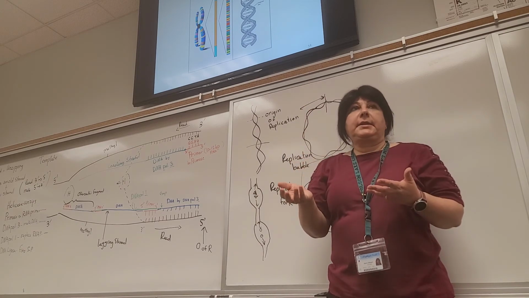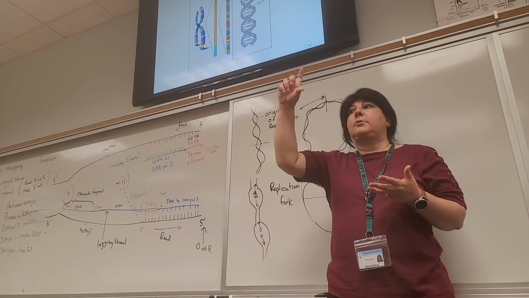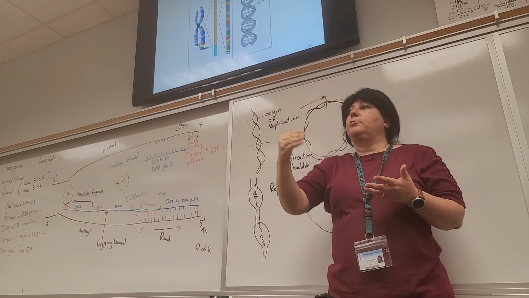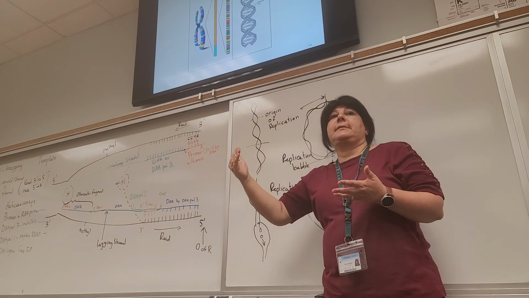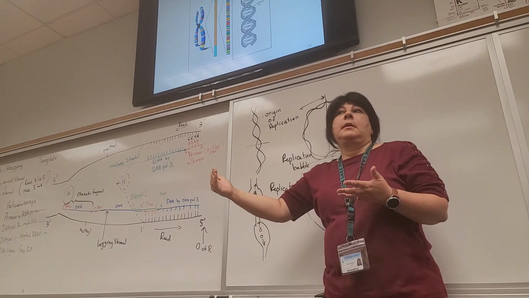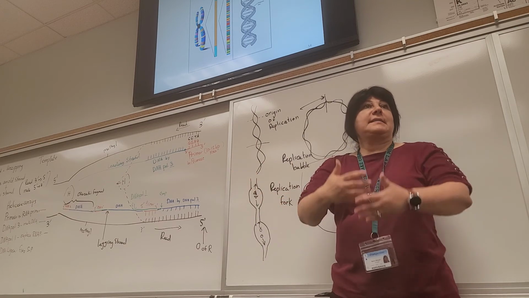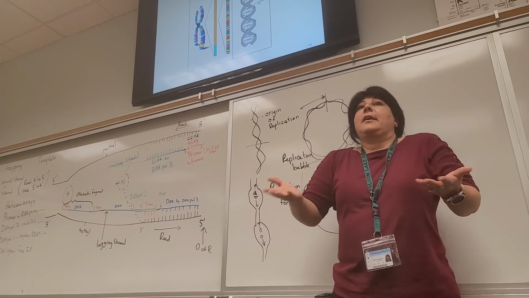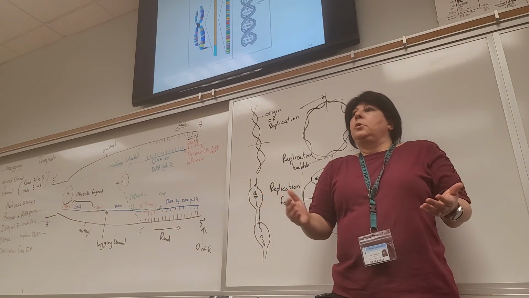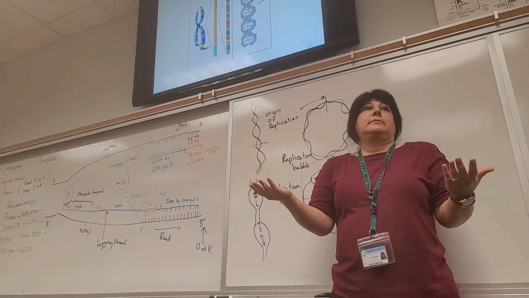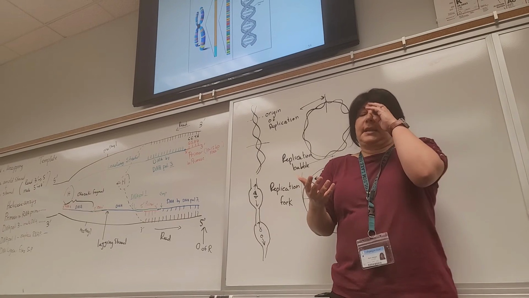So another way of putting it is a specific sequence on your DNA has the information or recipe for making a specific protein. When that protein is made, then that protein goes and has an effect in your cell. That's how DNA commands you. Its gene is expressed and does something in your cell. All right, that's the function of DNA.